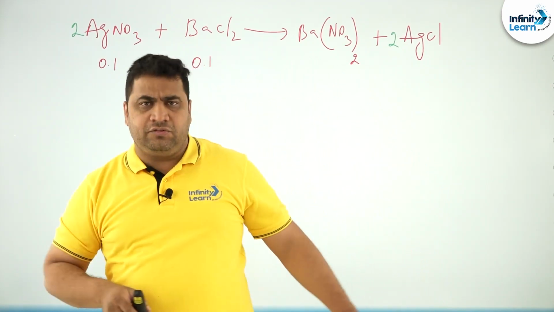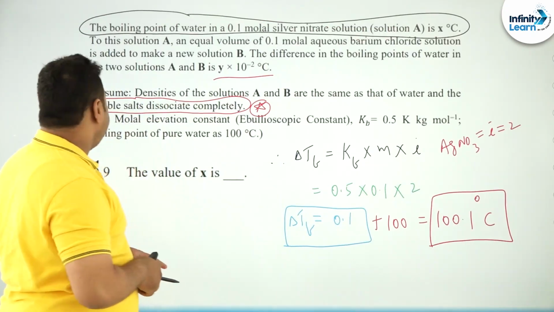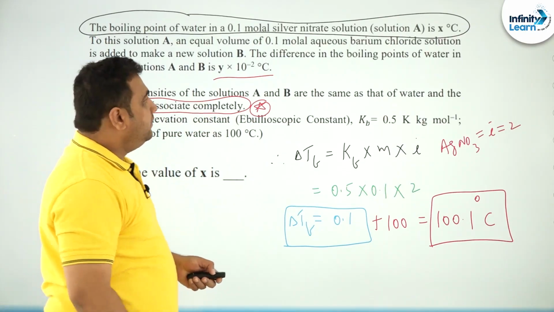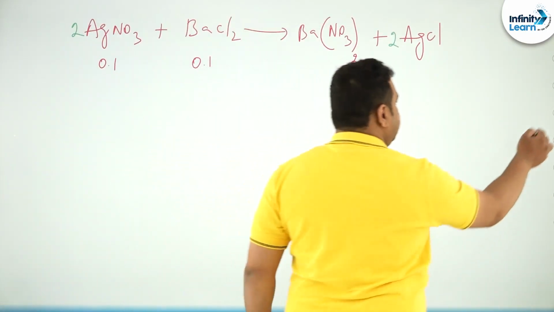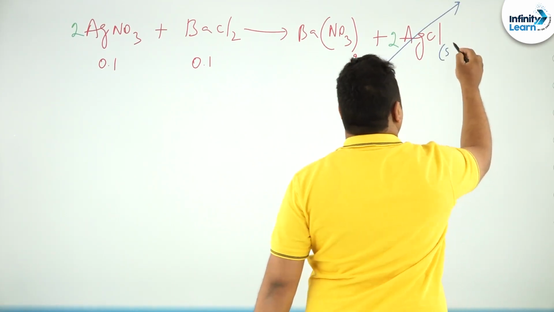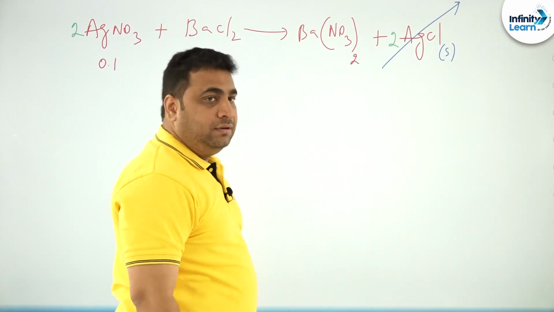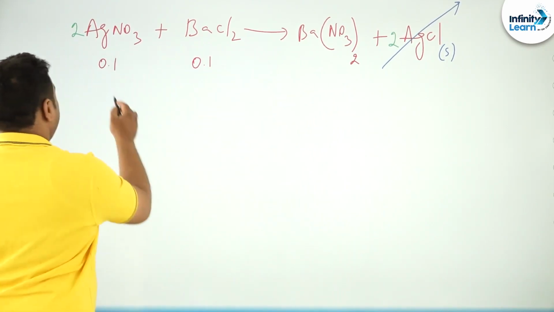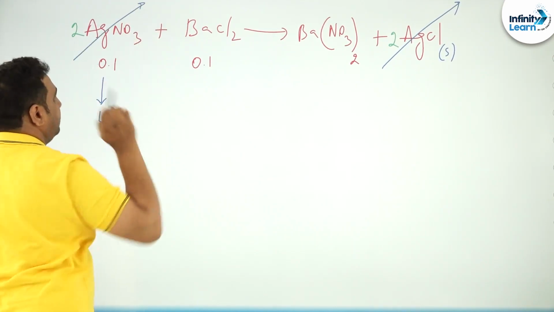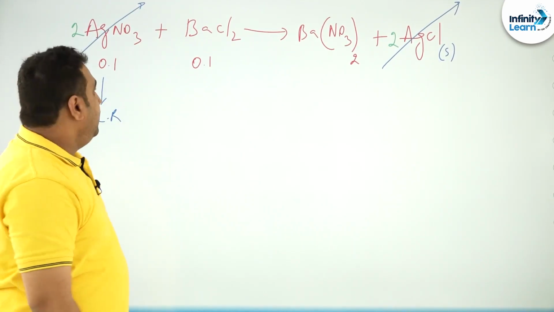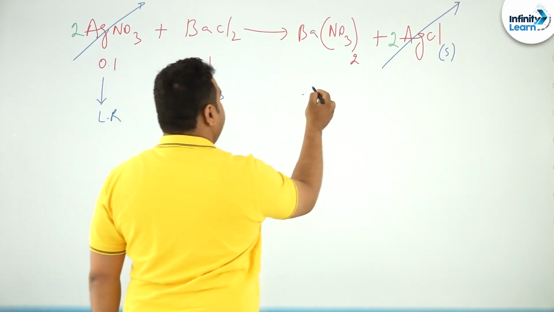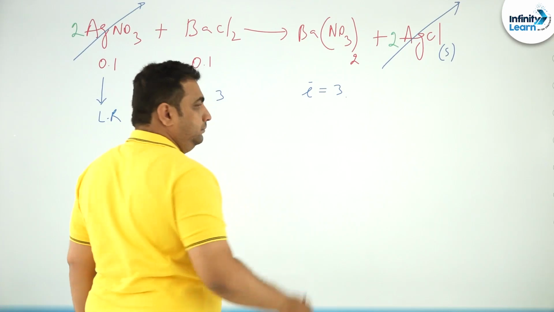If you understand that game, you can solve it. He is saying that soluble salts, and here you can see silver chloride AgCl is a solid in nature, you can't consider it. Yes or no? You have to ignore it. And here if you see, silver nitrate is the limiting reagent. So at the end of the reaction this gets over, and the i factor of this is 3 and the i factor of this is also 3.